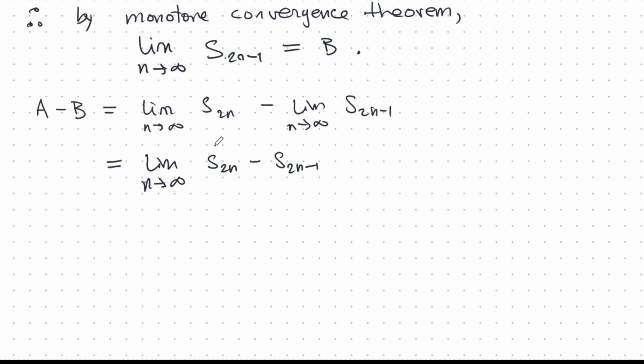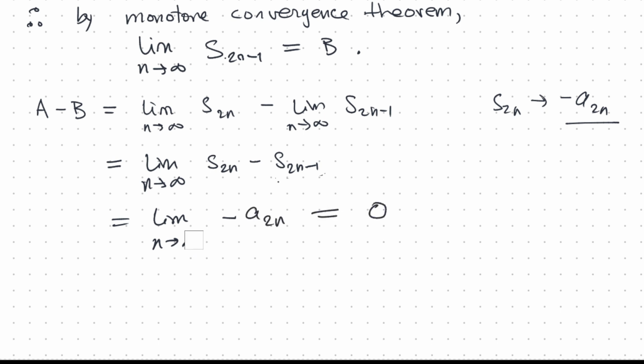The last term in S2n is minus a2n. So all of the terms before get canceled out because I'm subtracting them away, and the only term left is minus a2n. So this is the limit as n goes to infinity of minus a2n. And this, of course, is 0.